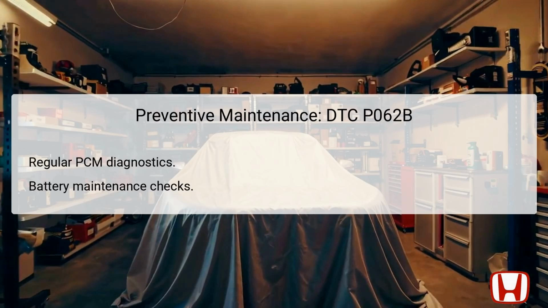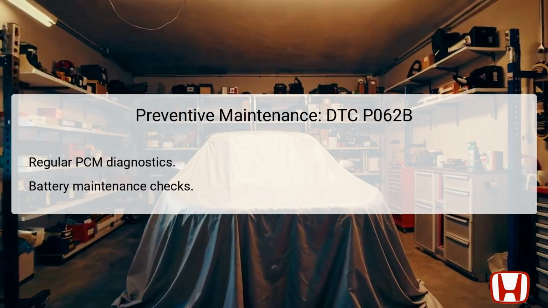Preventive maintenance is vital to avoid future occurrences of DTC P062B. Regular diagnostics on the Powertrain Control Module can help identify prospective issues before they escalate into faults warranted by DTCs.